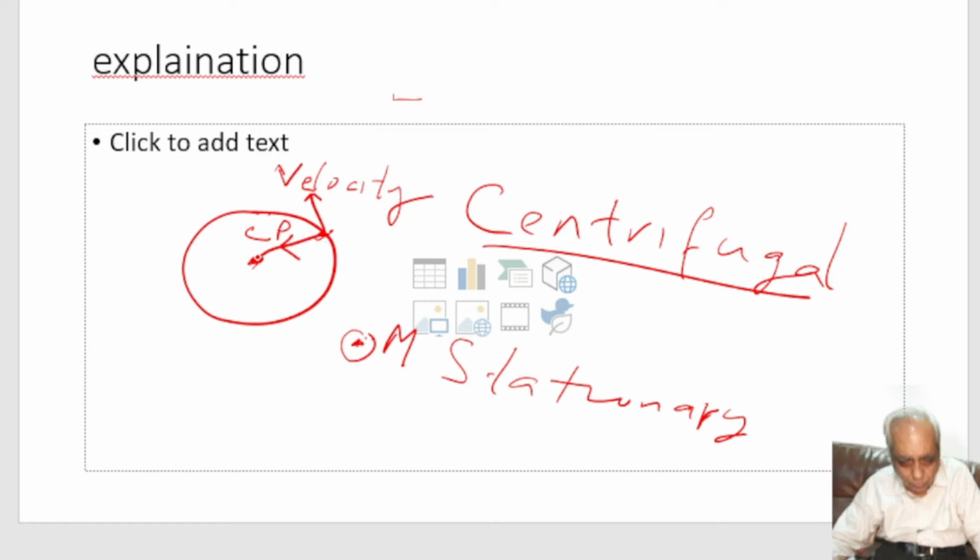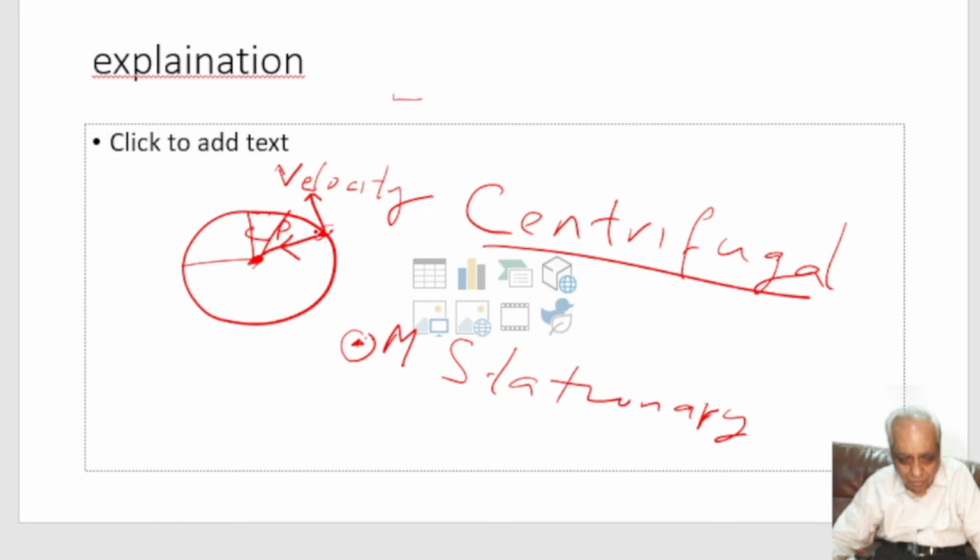So always the stone is in front of him at a distance equal to the radius. So he will find that the stone is at rest. But then he will observe that the string is under tension, so some force is towards the center.